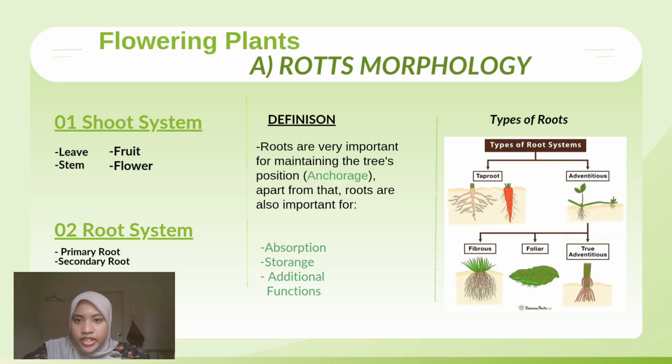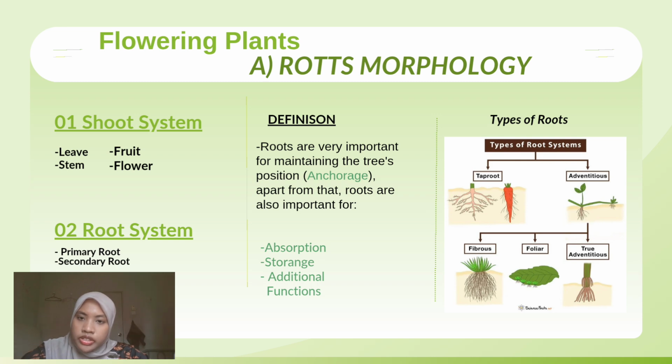So for the next, flowering plants, we have root morphology. Roots are very important for maintaining the tree's position. We will call it anchorage. Apart from that, roots are also important for absorption, storage, and additional functions.